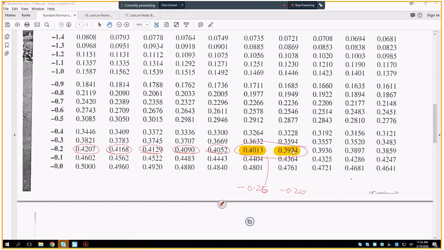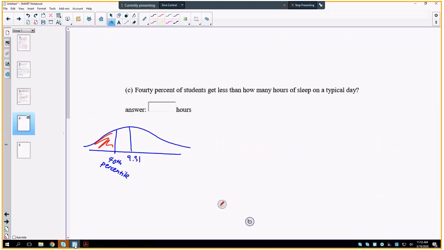So I'm going to need to find the z-score, the average of those two. We know to take an average, since there's just two of them, we're going to add them up, divide by 2. So z is equal to negative 0.25 plus negative 0.26, divided by 2, that's negative 0.255.